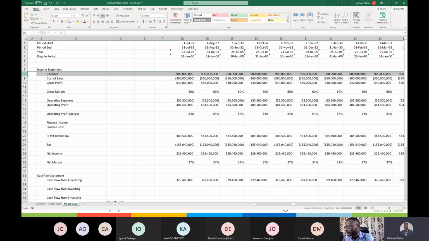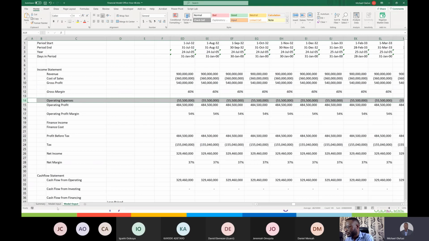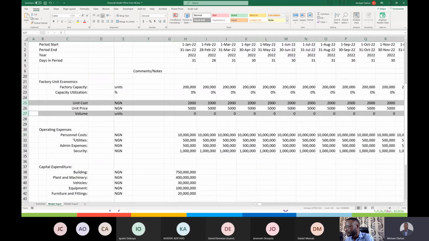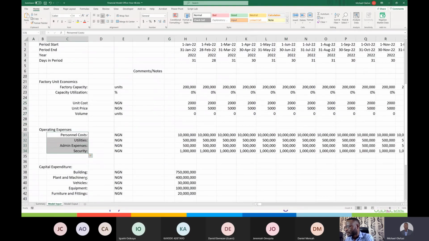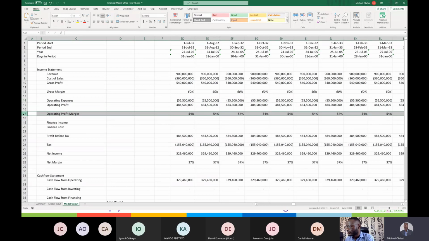With those two, we're able to compute the gross profit and gross margin. We are also able to get the operating expenses, that's this portion. And we're able to calculate the operating profit and get the operating profit margin.